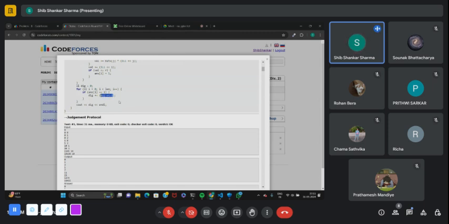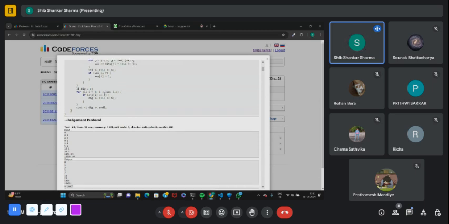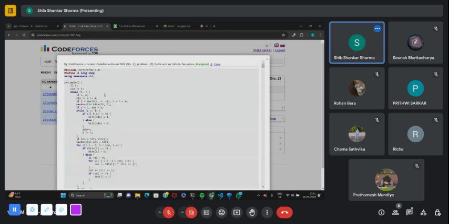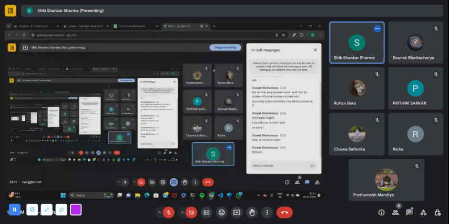I think most of you know about this already, so we won't go through a discussion on this. So basically this was the code, and I hope it's clear for all of you. Yeah, t log n, you can say that as well.